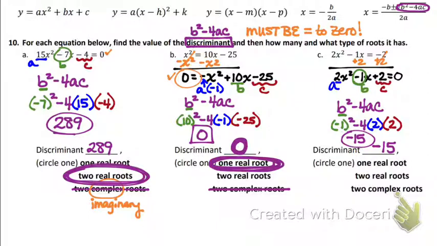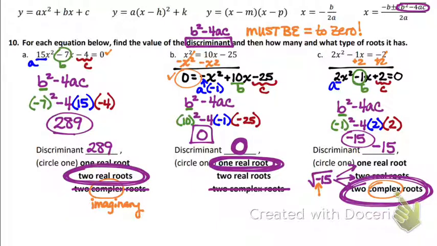It goes under the radical. So I'm going to have the square root of negative 15. What does that mean? 2 complex roots. Because I have that negative under there. That's why it's complex.